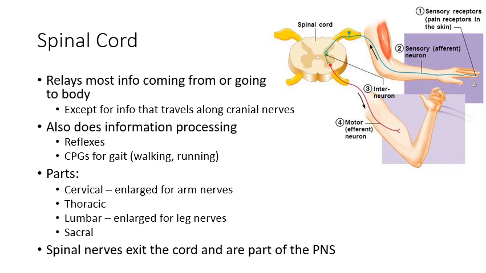You also have in the spinal cord gray matter central pattern generators for gait, so for walking and for running, and stuff like that, jogging. They've actually done some pretty messed up experiments in cats where they cut the connections between the spinal cord and the brain of the cat. If you take a cat like that and put it onto a treadmill, the cat will actually start walking on the treadmill.